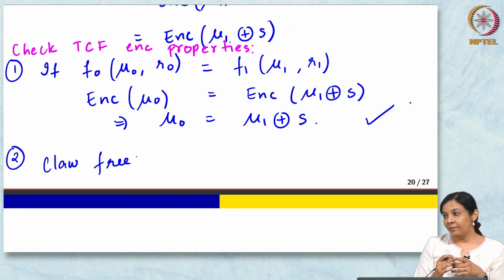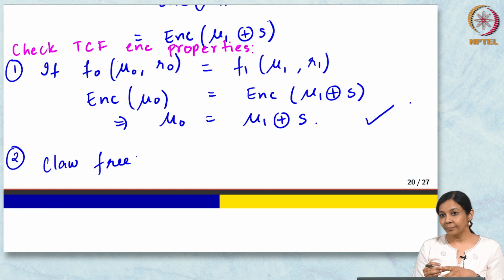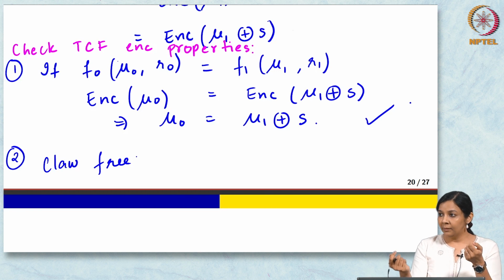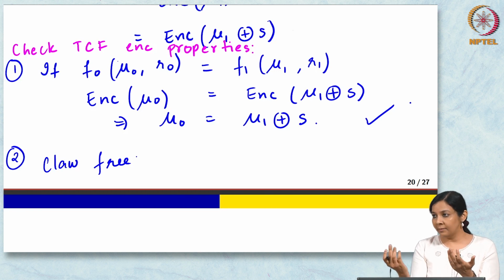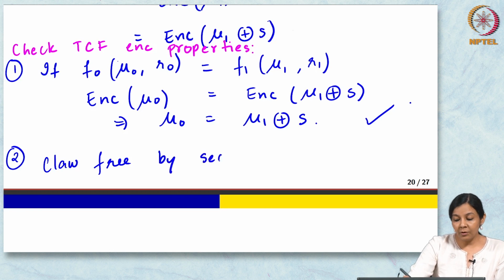Who can tell me why that holds? Very good. It holds by the security of the underlying FHE. Why? Because if I could find a claw, that means I found in particular mu 0 and mu 1, and XORing these I will get the secret S. So, this is claw free by security of FHE.